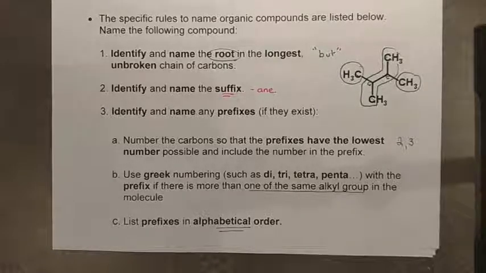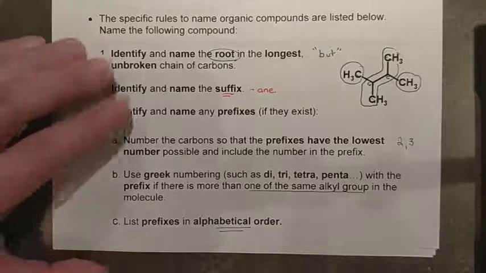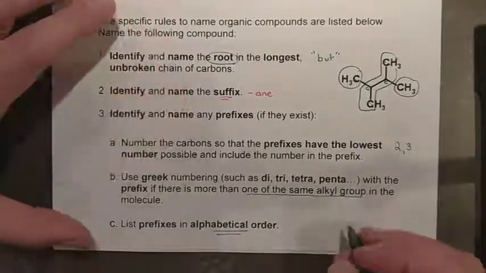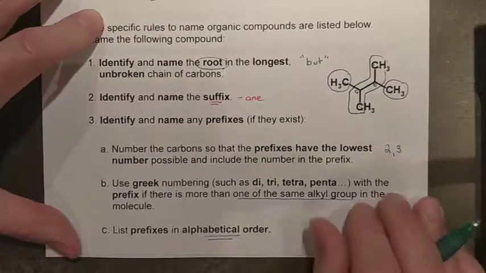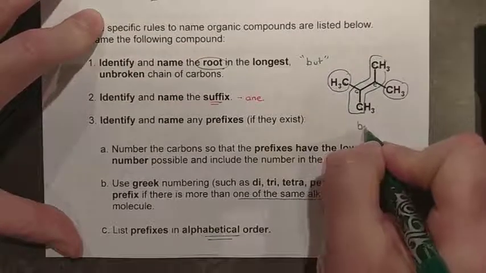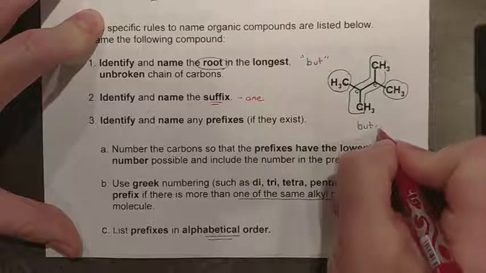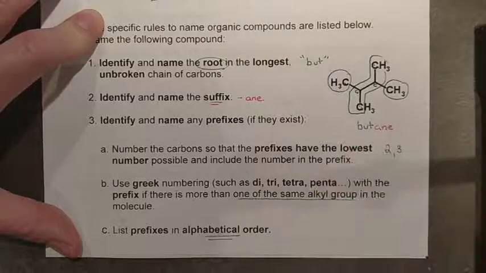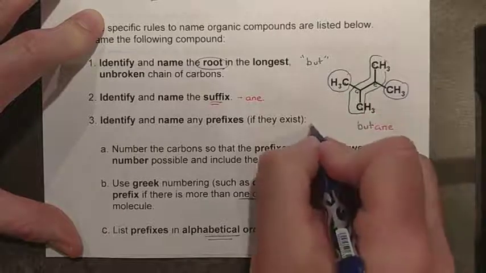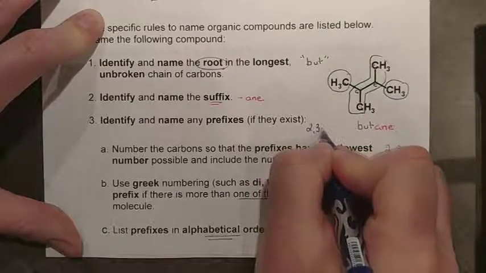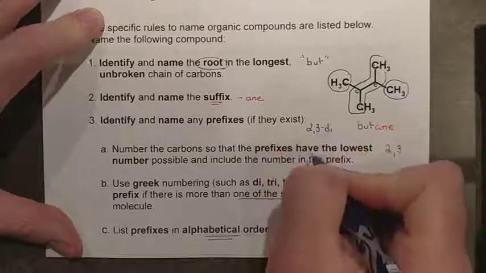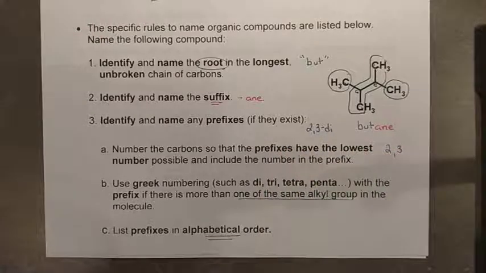So what is the final name for this guy right here? Well, we had said that we have, okay, where should I write this? We have bute for the longest continuous chain. We have ane for how they are bonded, for our suffix. And then we have 2, 3, di, because we have 2 of them, 1-carbon attachments.